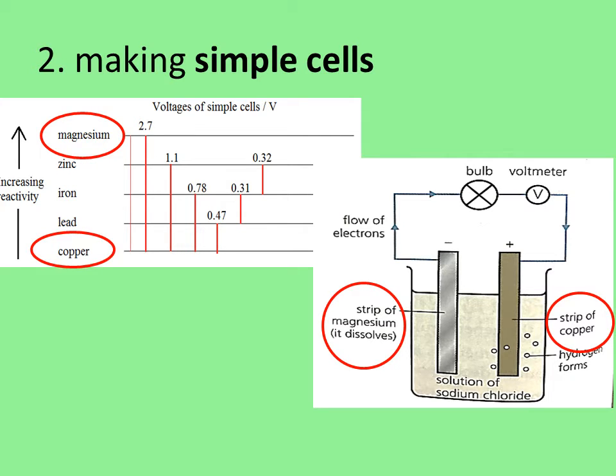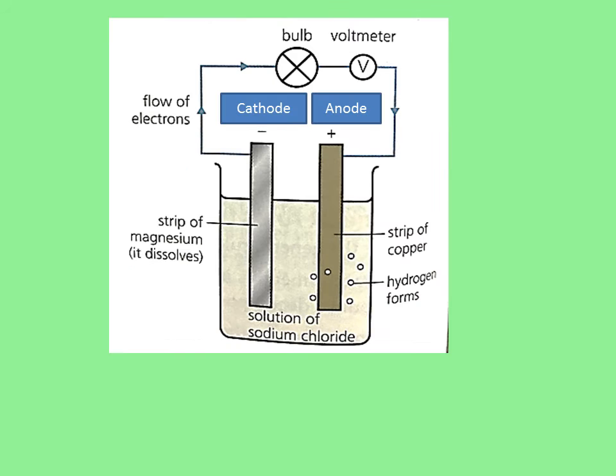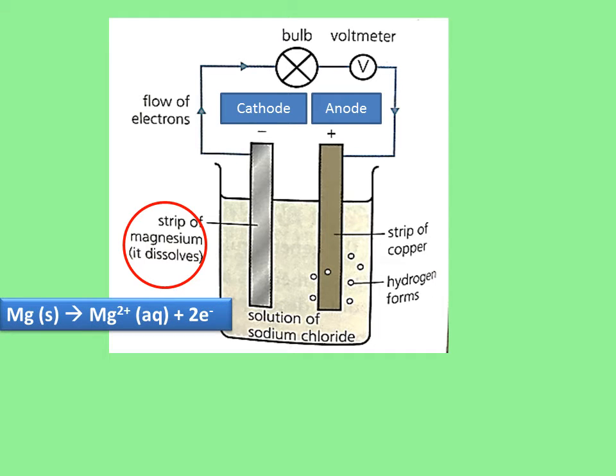Magnesium is more reactive, copper is less reactive. Let's see what happens. So what will happen to magnesium? Magnesium will dissolve. Since it is more reactive, it will tend to become an ion and become magnesium ion and give up electron.